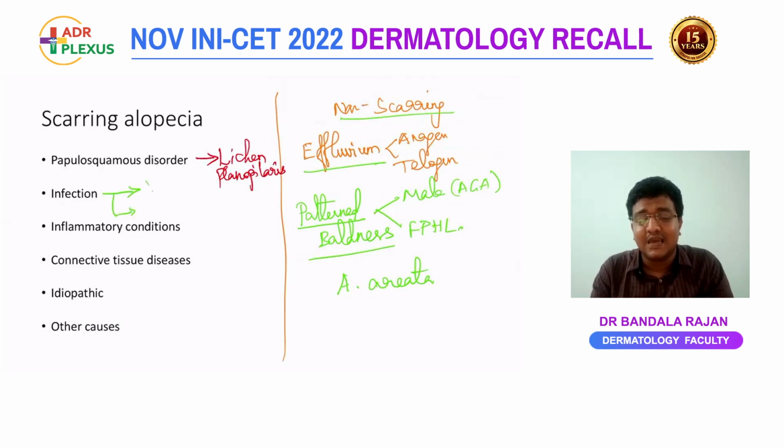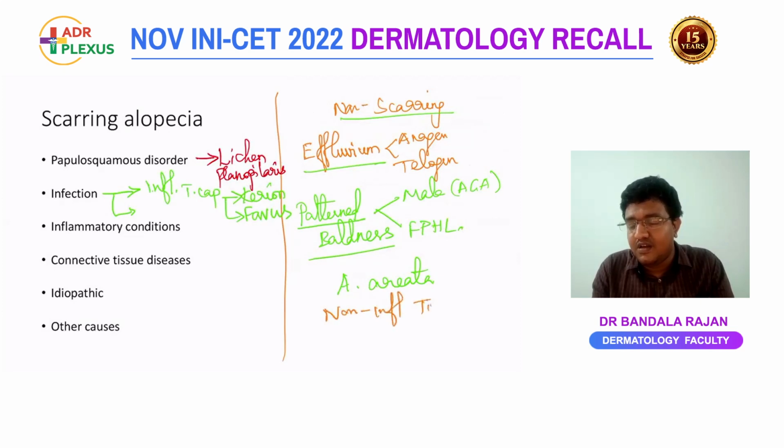In tinea capitis, inflammatory types of tinea capitis, such as kerion and favus, are scarring alopecia. Non-inflammatory tinea, like gray patch and black dot, are non-scarring alopecias.